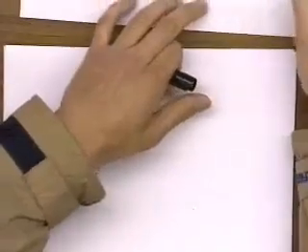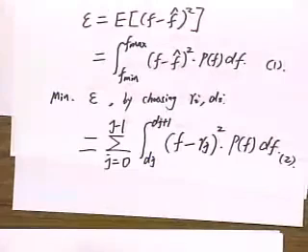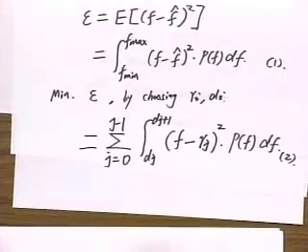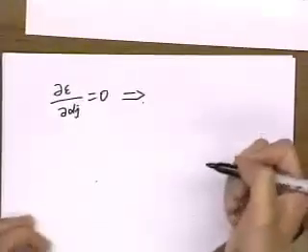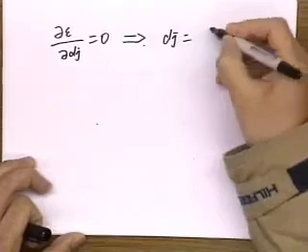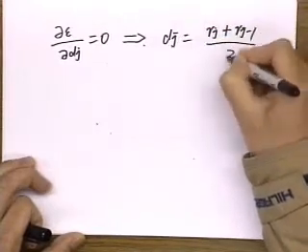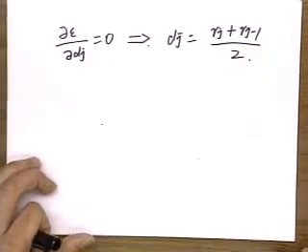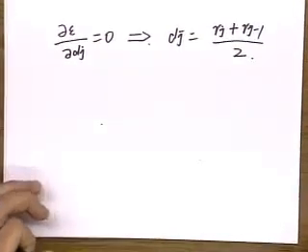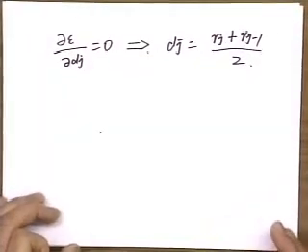In order to optimize this equation, we take derivatives. We first take the derivative with respect to dj and set it to 0. And we get one relationship between dj and rj, which is that dj is equal to (rj plus rj minus 1) divided by 2. This shows that the decision boundary dj is the midpoint of two neighboring reconstruction levels.